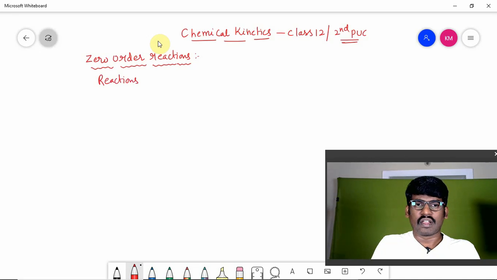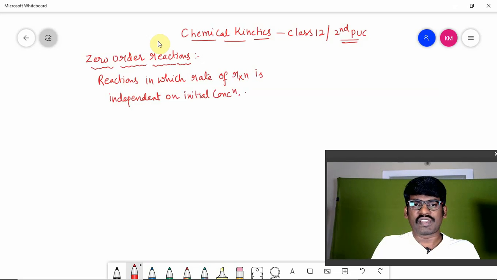Reactions in which the rate of reaction is independent of the initial concentration of reactants, such type of reactions are called zero order reactions.